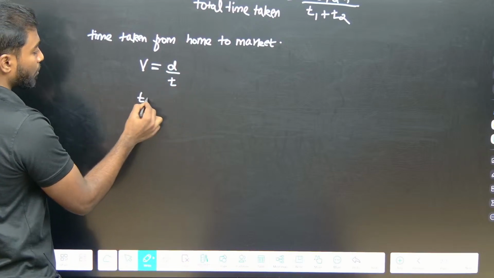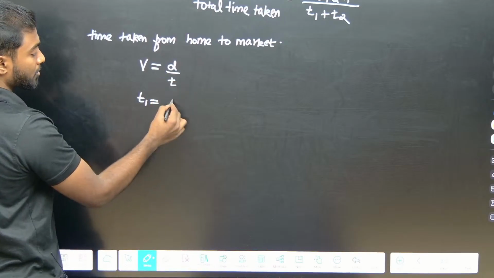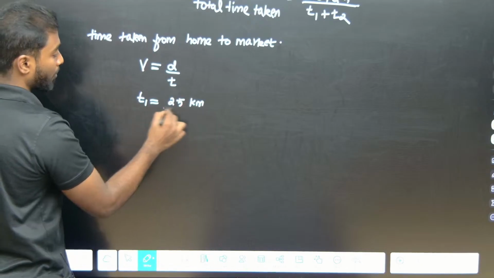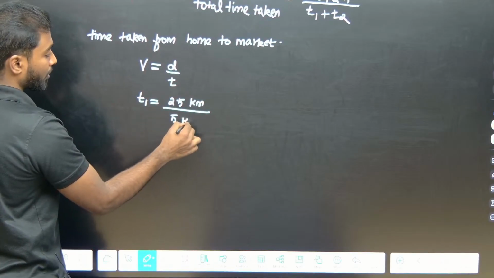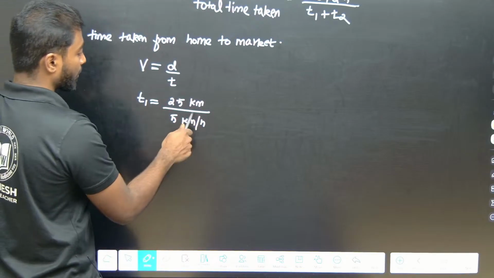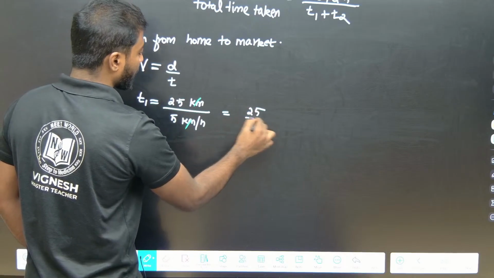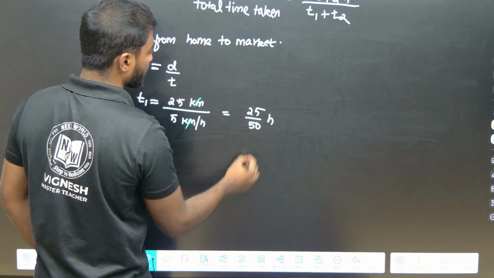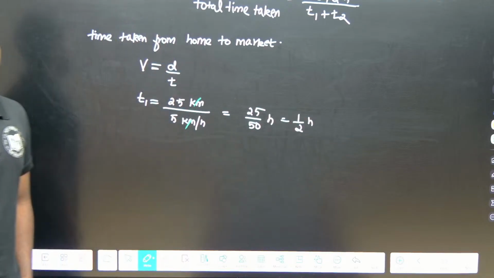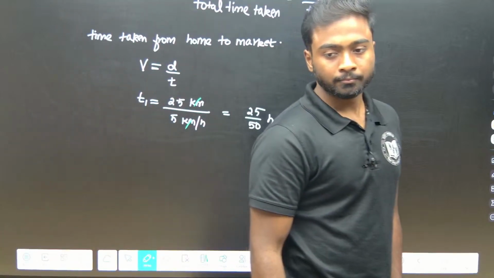So time T1 will be equal to distance 2.5 kilometer by speed 5 kilometer per hour. Kilometer cancels, hour goes upside, so it is 25 by 50 hours, which is nothing but 1 by 2 hour. Half an hour he has taken.